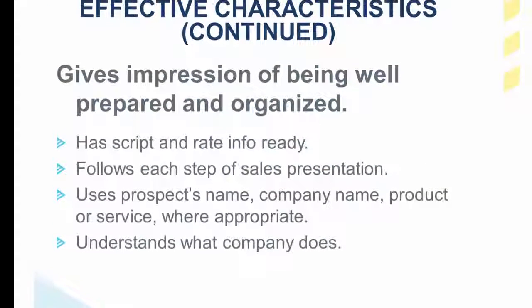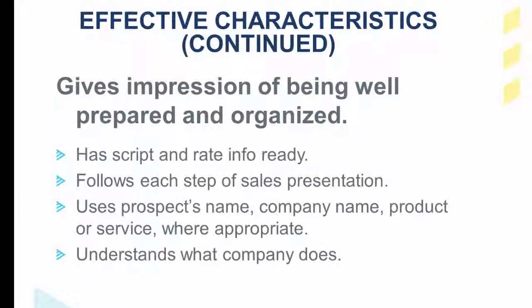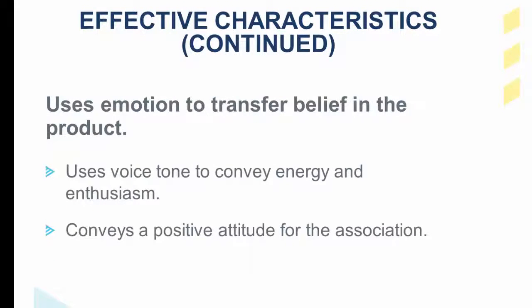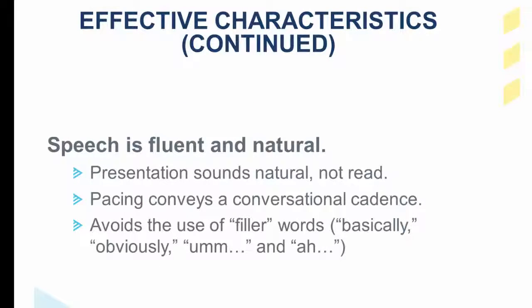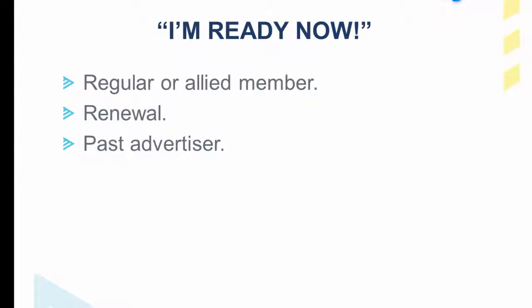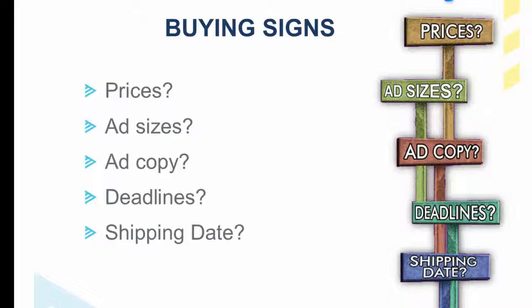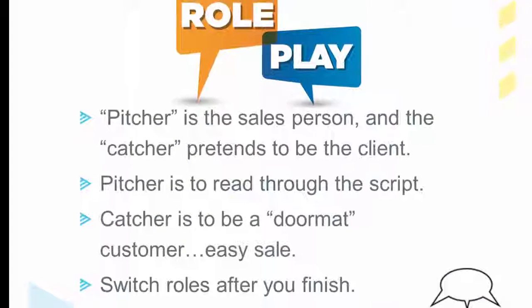All of the things: following all the steps, having your information ready, using emotion and getting the ums and ahs and slang and iffy phrases out. And then we give them guidelines on maybe who might say I'm ready now, and they can abbreviate their presentation, and then we finally do a role play.